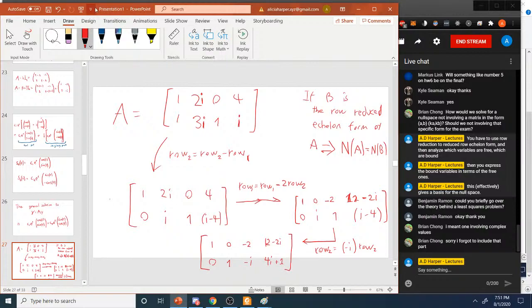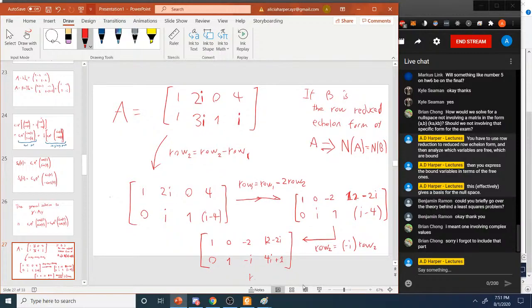And that will give me the actual row-reduced echelon form of A.